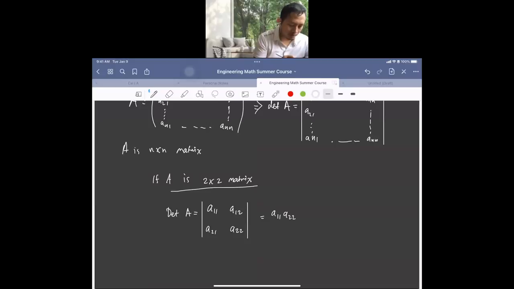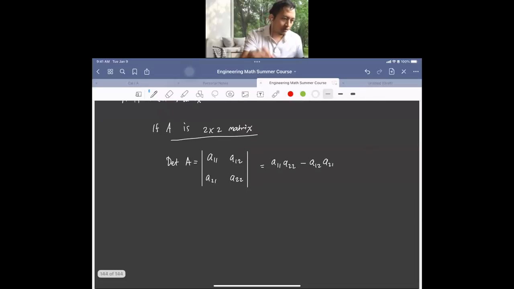We calculate this as A11 A22 minus A12 A21. This is just a review, because we already learned about this before, and we already used this determinant in differential equations when we learned the Wronskian. We have the determinant of the Wronskian.